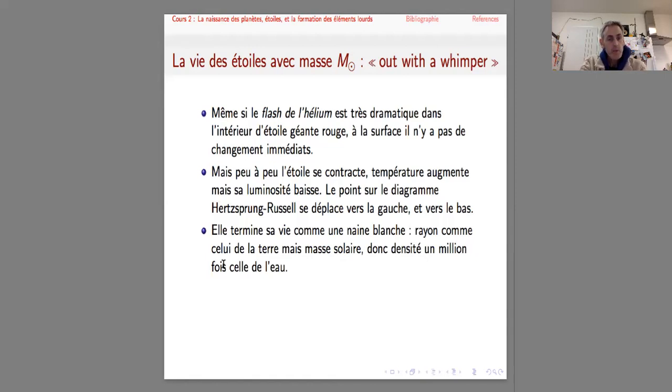Its radius will correspond to the size of the Earth, but its mass will remain still approximately 1 solar mass. So in other words, it doesn't lose much mass in this whole process.